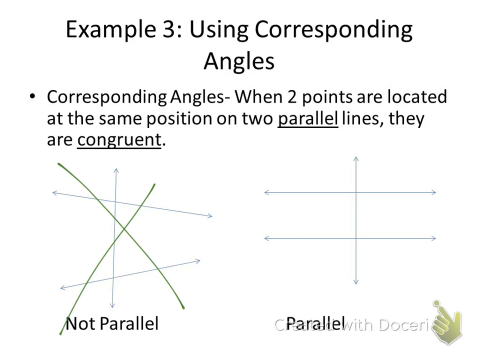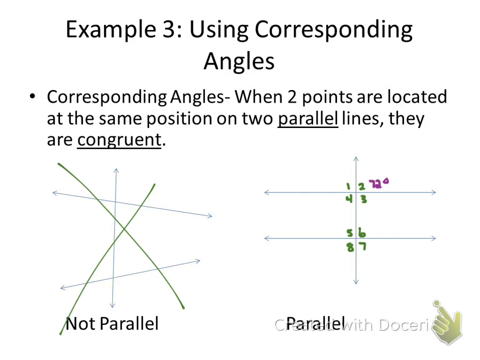So if I had these angles labeled 1, 2, 3, 4, 5, 6, 7, 8, this is what corresponding angles say. If the lines are parallel, and they have to be parallel, whatever the measure of one angle is, let's say it's 72 degrees, in the same position on the other line, the measure will be the same.